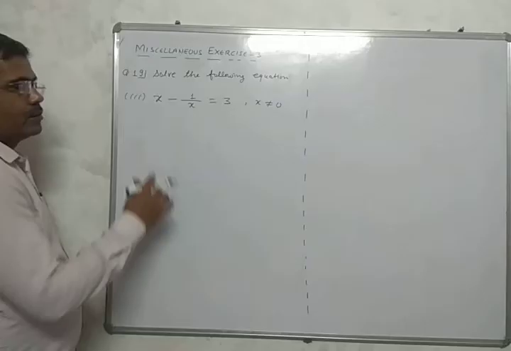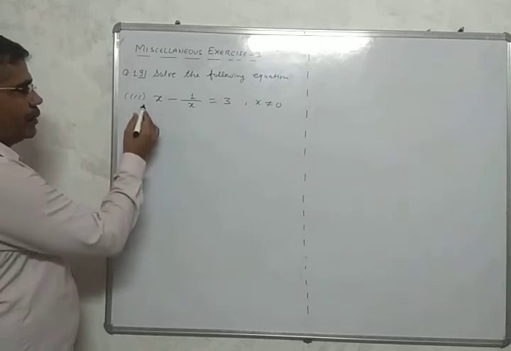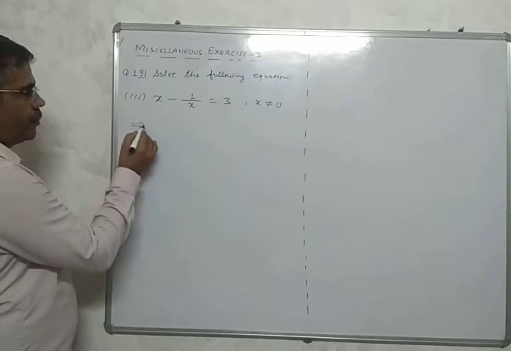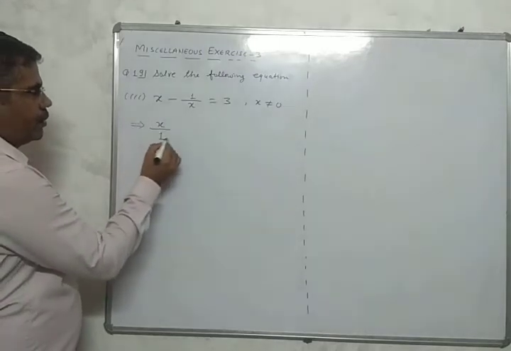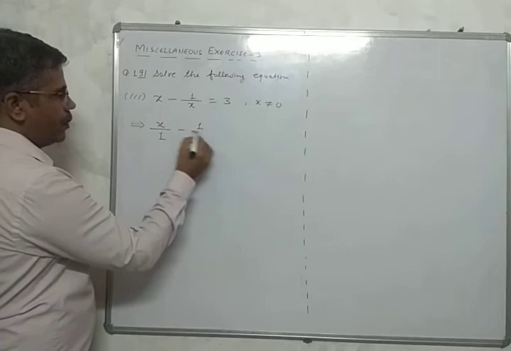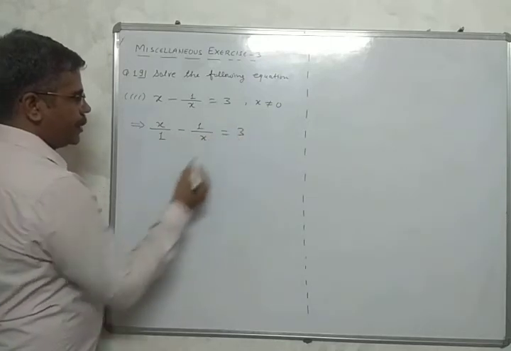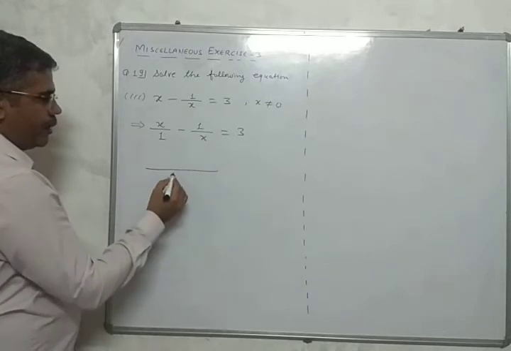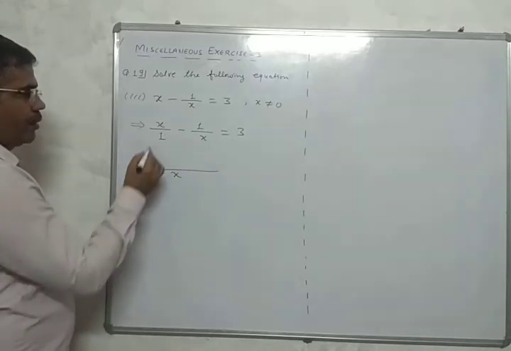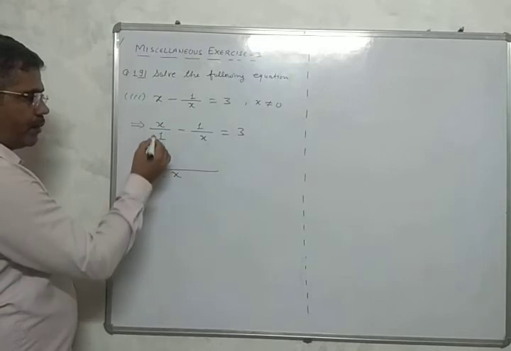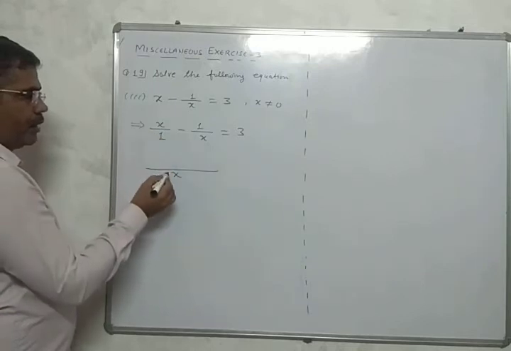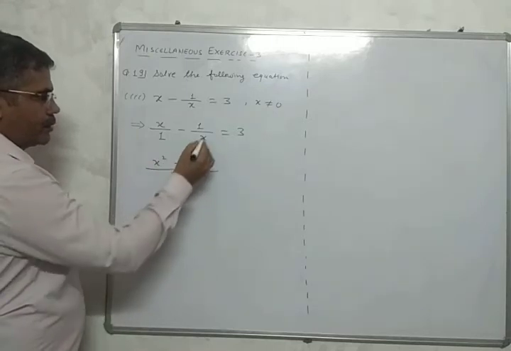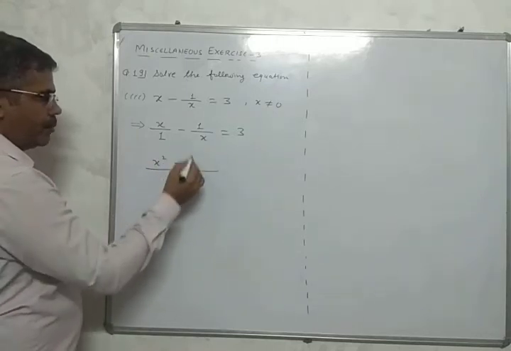So these are the roots of question number 19, third part. We rewrite x upon 1 minus 1 upon x equals to 3. If we take LCM of denominators, we have x. x divided by 1 is x, and x multiplied by x is x square, minus 1 divided by x, 1 multiplied by 1 is 1.